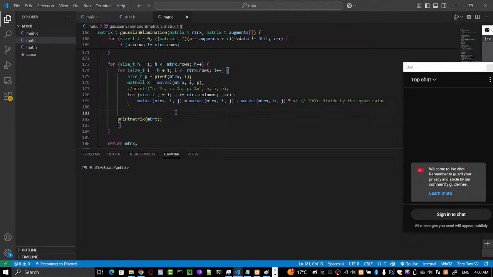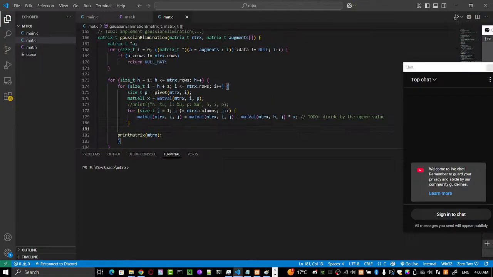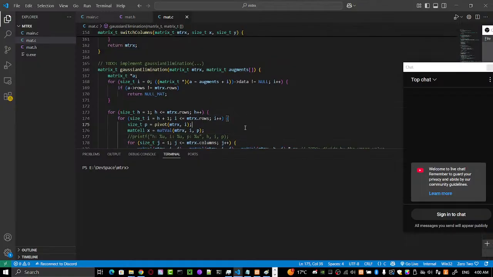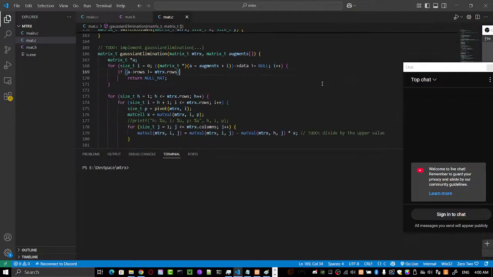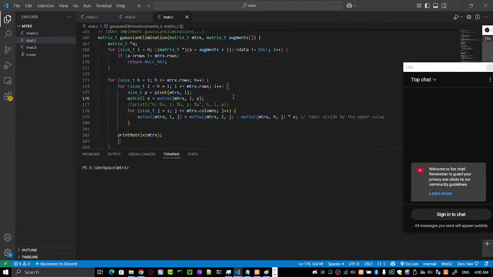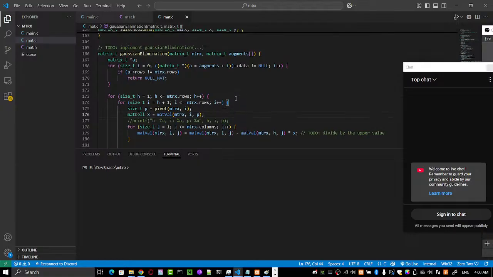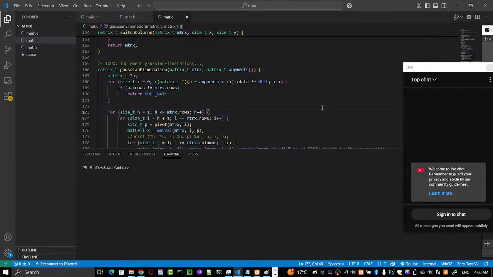Honestly, I wouldn't waste time on this. But if I have to, I will have to implement it someday. But for now, I won't implement this algorithm.